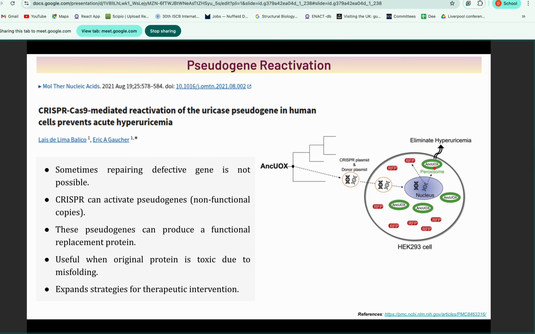The protein will get expressed there, and then it will help the cells to fight this condition. This is performed in the HEK293 cell lines. So this is not performed in the real host, but these are experimental studies which were done to show how the CRISPR-Cas9 system can be used to reactivate the pseudogenes.